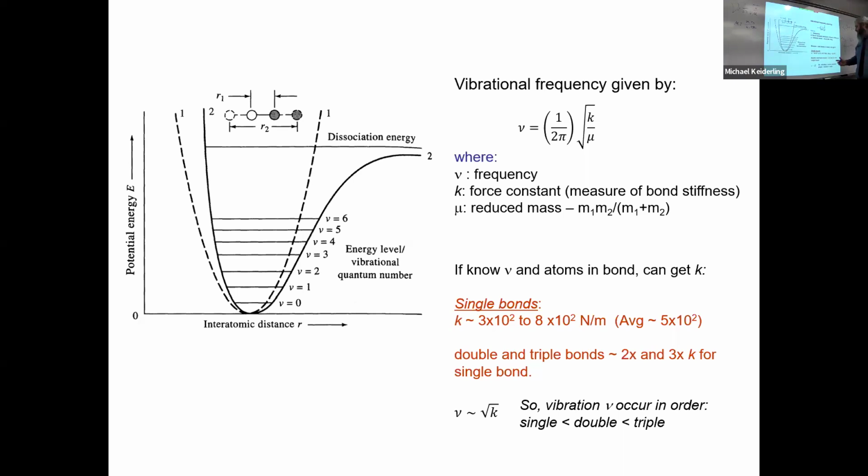And that vibration's frequency is proportional to the square root of k. Single bonds will have the lowest frequency, then double, then triple. So the lowest wave number will be single, then double, then triple.